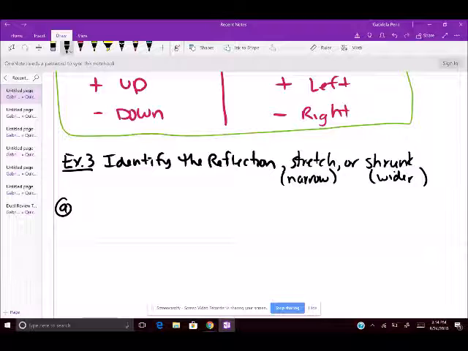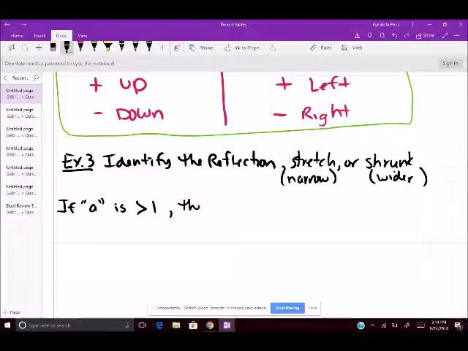Some information you need to know before we do that is that if A, and I'm going to show you where A is, is greater than 1, there is a stretch, or the graph got more narrow.